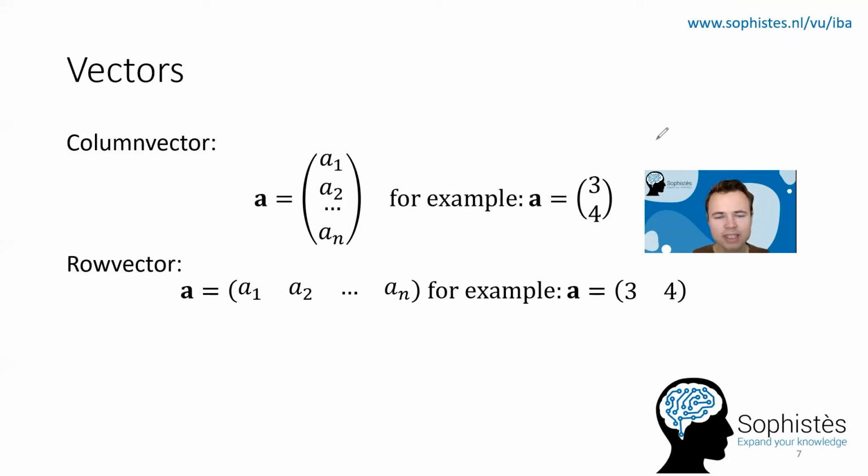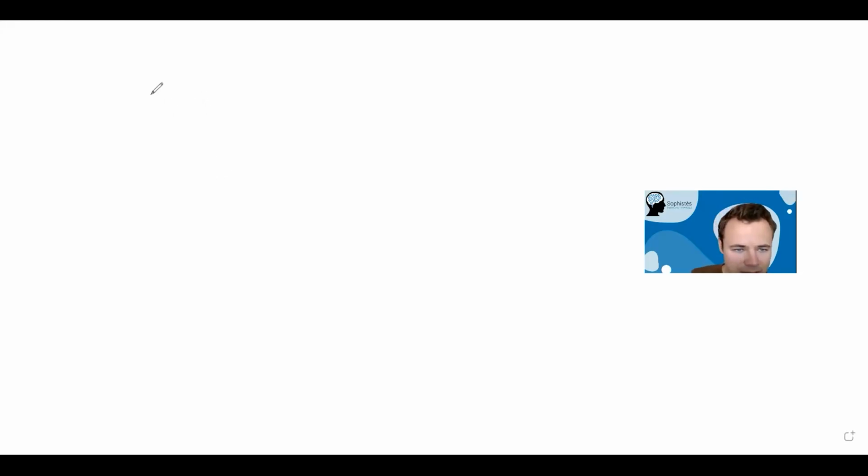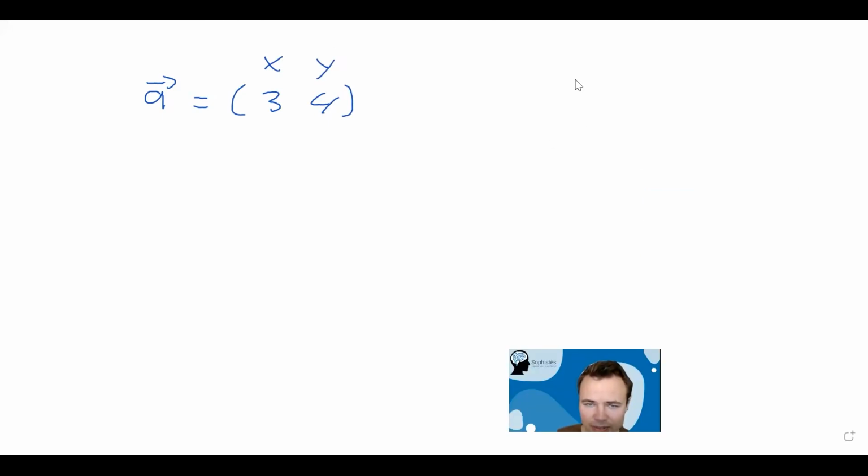You can basically see a vector as an arrow. So, for example, if you have the vector 3, 4, you can basically see it like your x dimension and your y dimension. So we can maybe even draw it. And if you do that, you will get something like this.